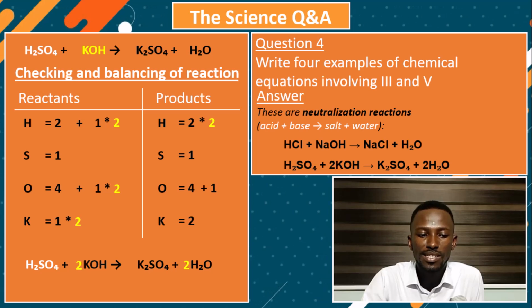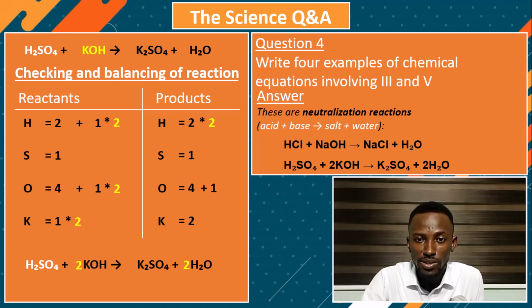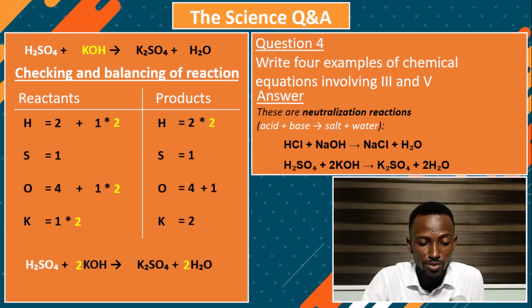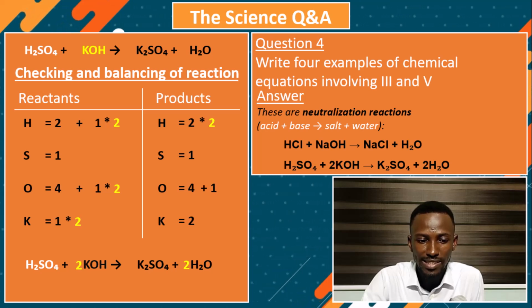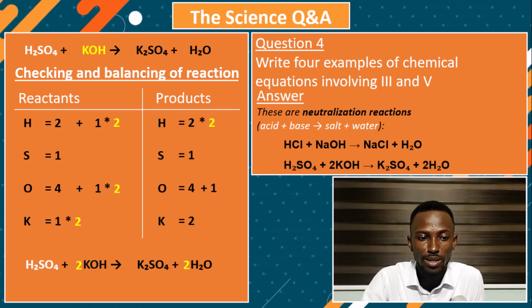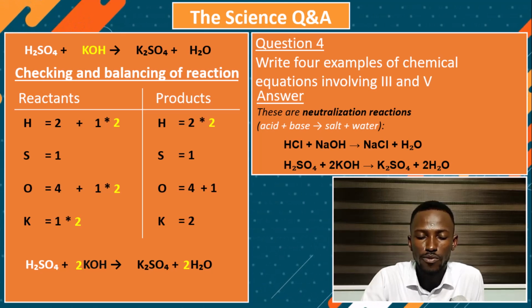So take note. We place the 2 in front of the water molecule. We are trying to adjust the hydrogen in the product side to make it 4. But remember, as we place the 2 in front of the water molecule, it affects not only the hydrogen, it also affects the oxygen.